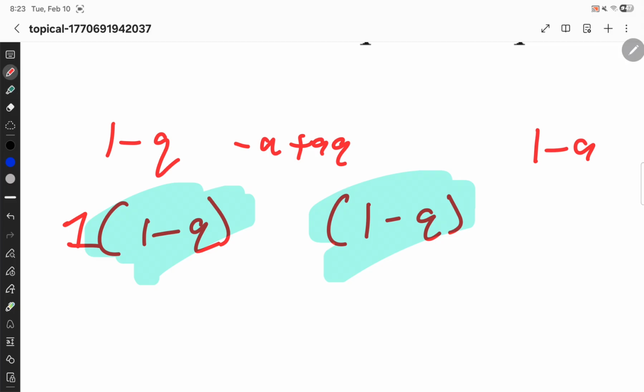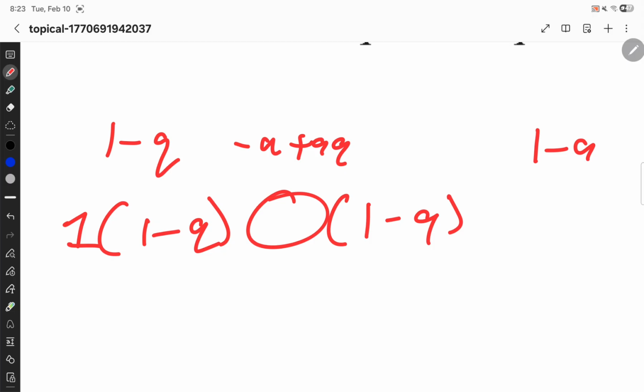Now ask yourself, what do I have outside such that when I distribute it on the inside, I get the outside pair? That's right, negative a. Why? Because negative a times 1 is negative a, and negative a times negative q is plus aq. Plus is minus, so that's why.